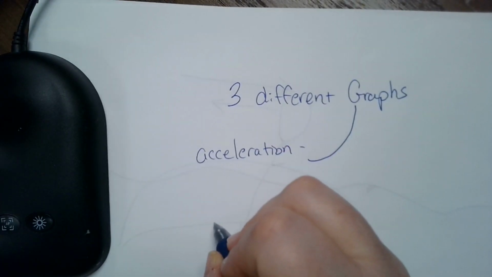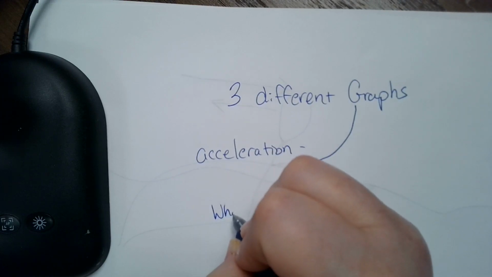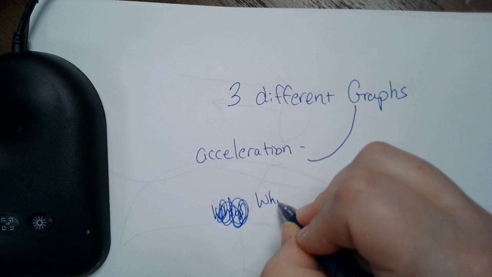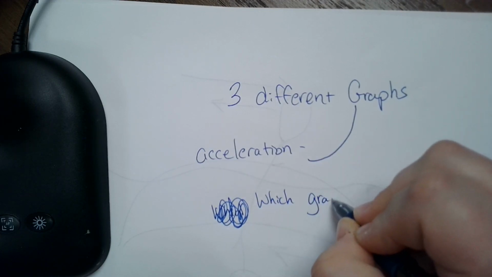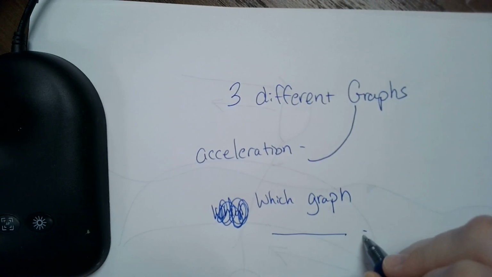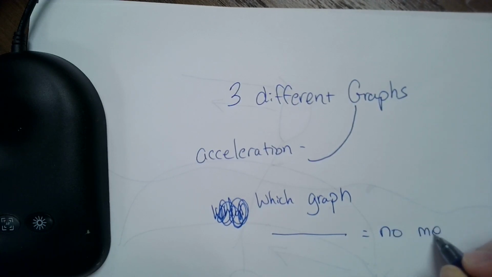However, you need to know which graph the straight line equals no motion, and this one equals constant speed.